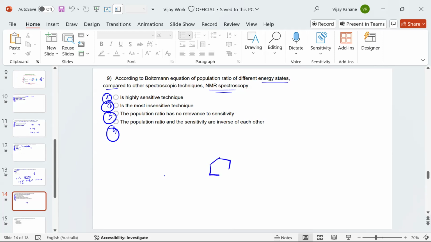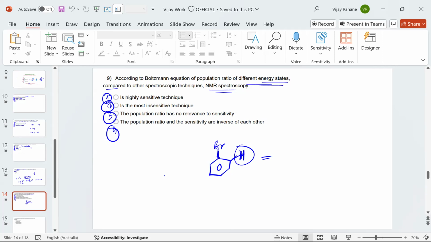Let's say you have an example where bromine is attached here, and here is the proton. What will be the effect on the value of this one? This kind of problem we will solve once we start the actual proton spectroscopy. But NMR doesn't deal with any energy states.